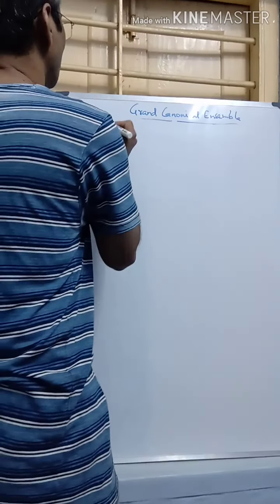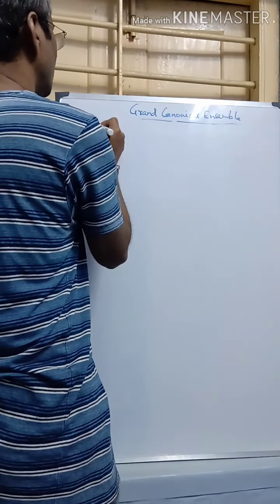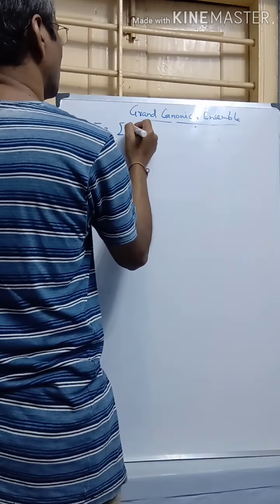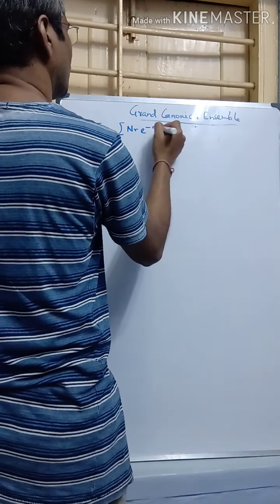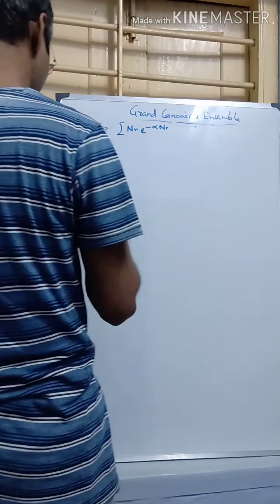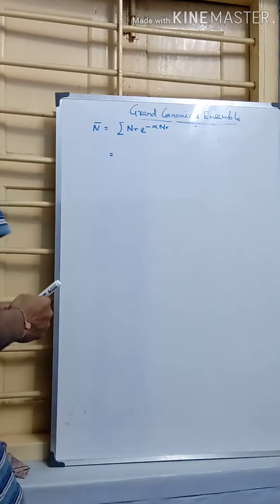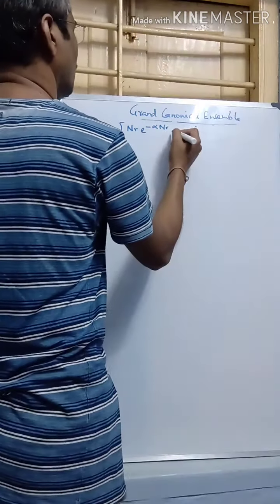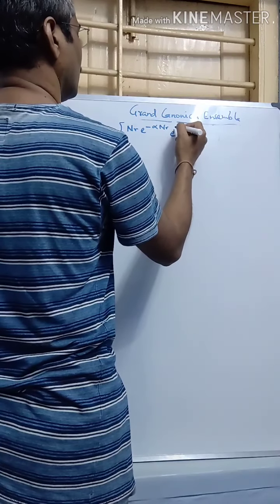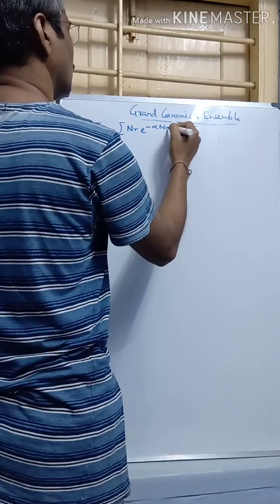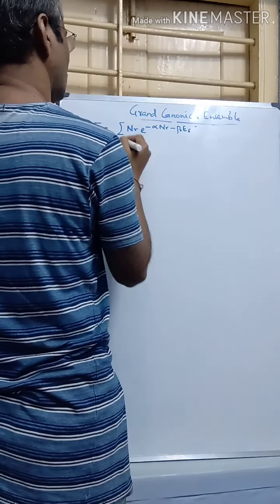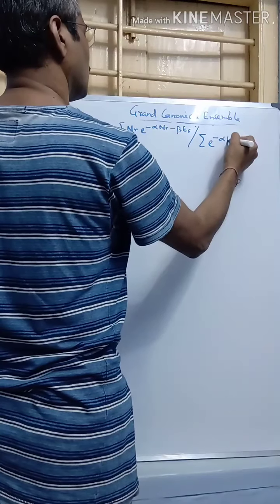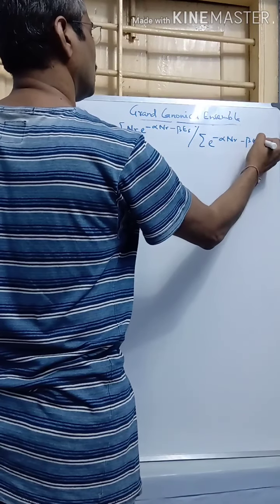In the grand canonical ensemble, the mean number of particles is given as the summation of N_r e to the power minus alpha N_r minus beta E_s, over r and s, divided by the summation of e to the power minus alpha N_r minus beta E_s.